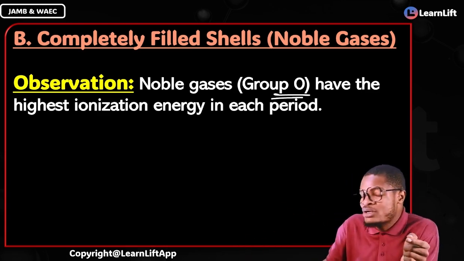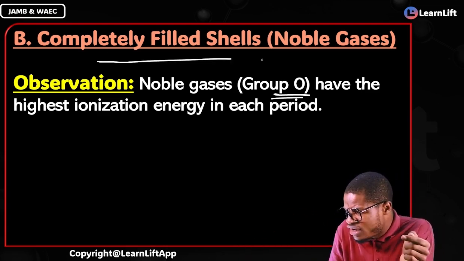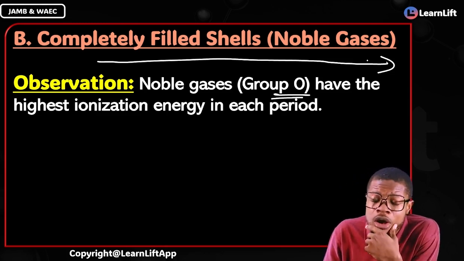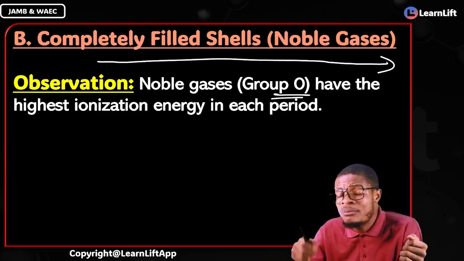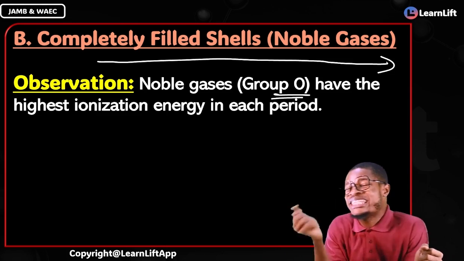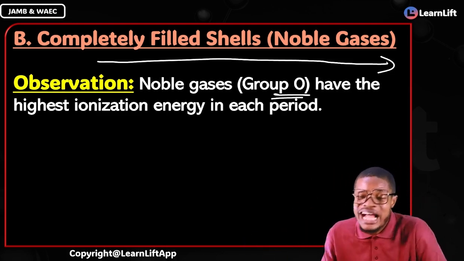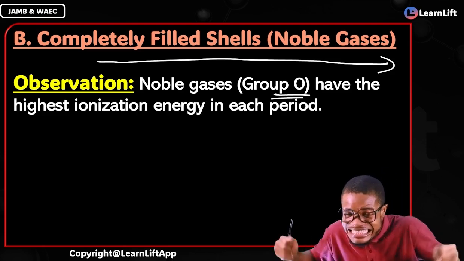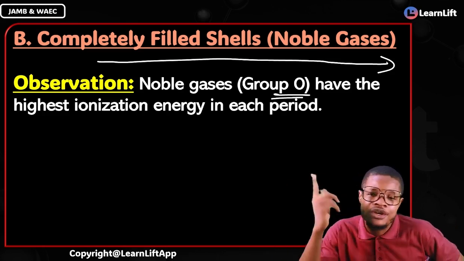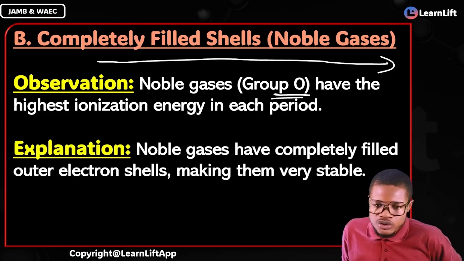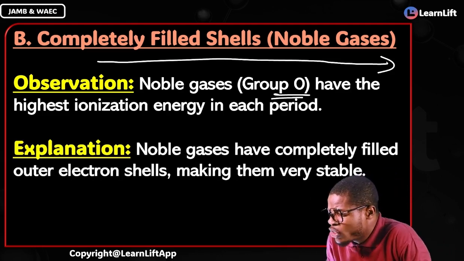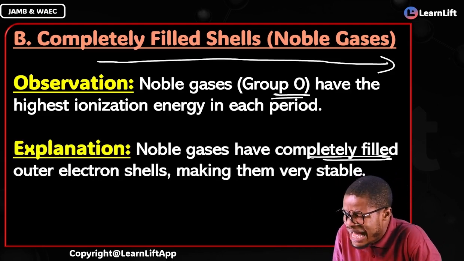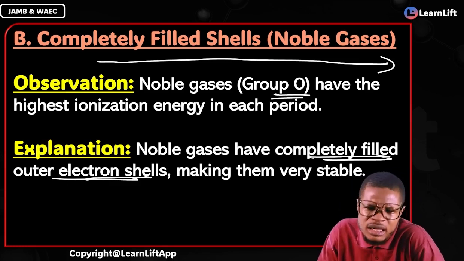Why? We said that ionization energy increases across the period. Of course, if you are increasing across the period, you start from the alkali metals and land in your noble elements. So your noble gases, which are the noble elements or the inert gases, have the highest ionization energy in any period you can think of. And you must note this: the noble gases have completely filled outer electron shells.